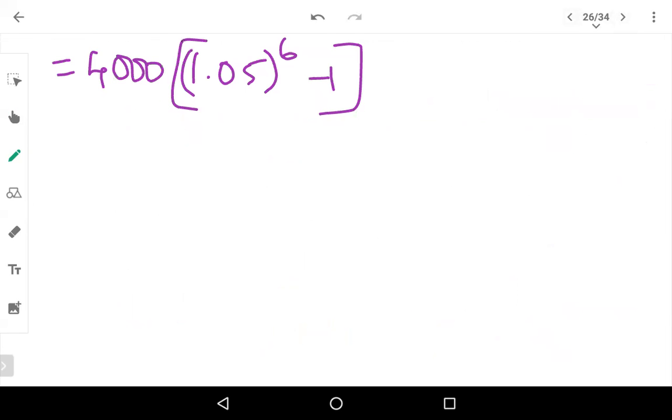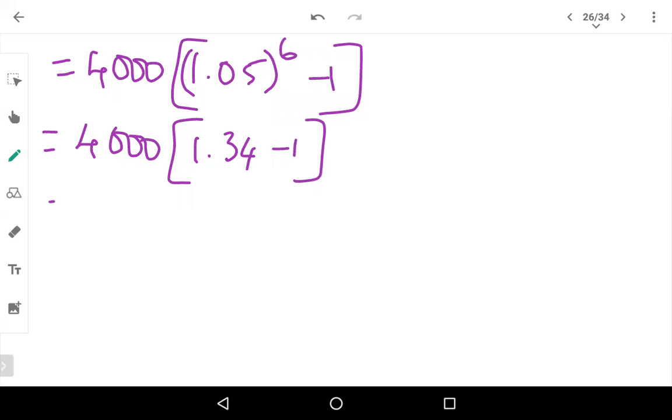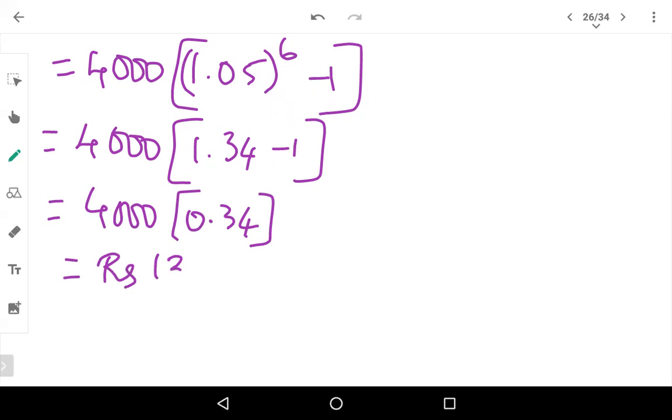So now we have to calculate 1.05 to the power 6, which will give us 1.34, minus 1, and then 4000 into 0.34, and then rupees 1360. So this is the total annuity amount, where they have been paying for 6 years 200 rupees at the rate of 5% interest.